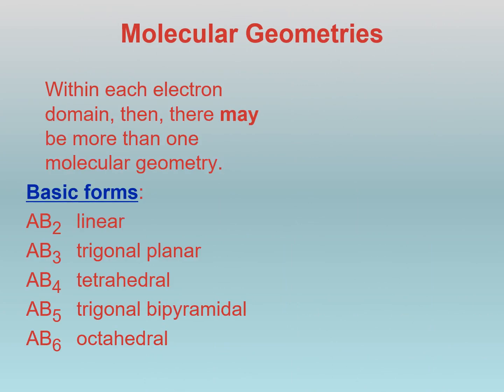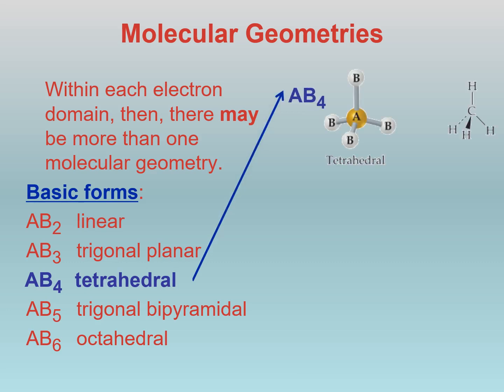This is what I'm trying to say. This is what it actually looks like. So you'll have an electron domain geometry that might be different than what you visibly see. Sometimes they're the same, sometimes they're different. This will show you. Here they're going to use a tetrahedral. Right here where I'm underlining, that is your electron domain.